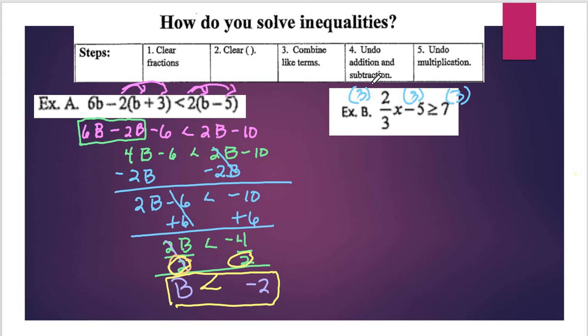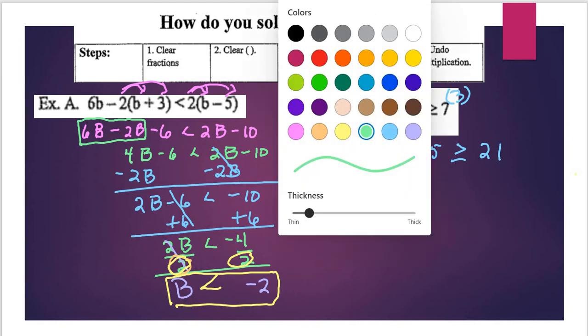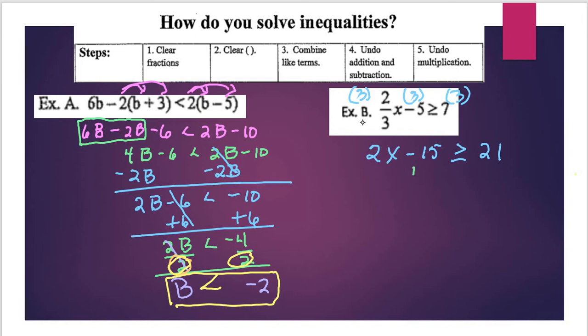Now 3 times 2 is 6 divided by 3 will give me 2. 3 times a negative 5 is a negative 15. Greater than or equal, 7 times 3 is 21. So we have cleared the fractions. There's no parentheses. We don't have any like terms to combine. We're going to undo addition and subtraction, and we're on step number 4. So I'm going to put plus 15, plus 15. This cancels out, and I'm bringing down my 2x greater than or equal to 36.